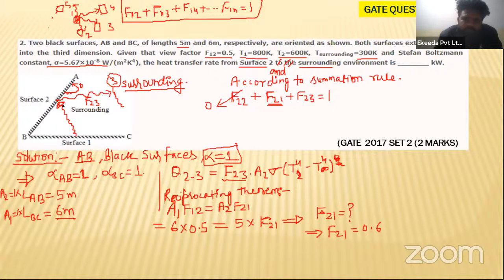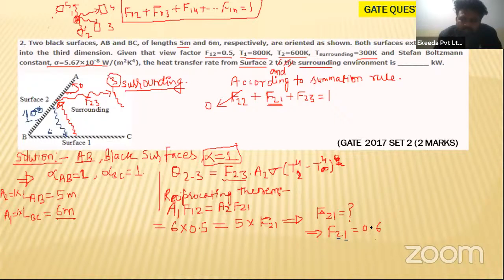Now the fraction of radiation which is leaving surface 2 and reaching surface 1: suppose 100 rays of radiation leave from here, and only 60 reach there, that is 60%. Out of 100, 60 reach here. 100 leave from this surface. I am telling you simply, because it is a very simple concept, you don't need to think much. So if you see that 100 rays are coming out from this particular surface 2 and only 60 rays are reaching there, what will the view factor be? The fraction of radiation leaving surface 2 and reaching surface 1.